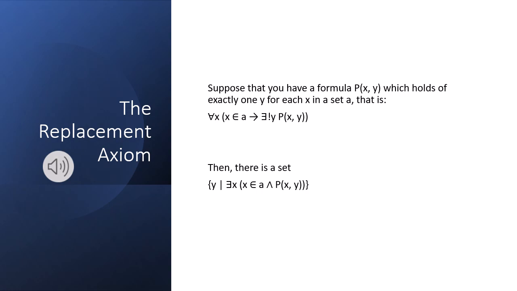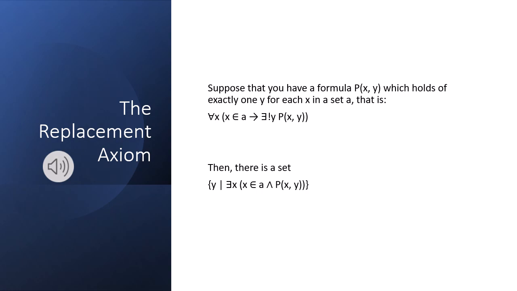Now, the axiom basically says that if you can define a function using this formula P of xy, in other words, for every x in some set A, there exists a unique y. That's what that exclamation point there means next to the existential quantifier, that there exists a unique y that satisfies P of xy. Then you can basically form this set that you see down at the bottom, which consists of the range of that particular function.